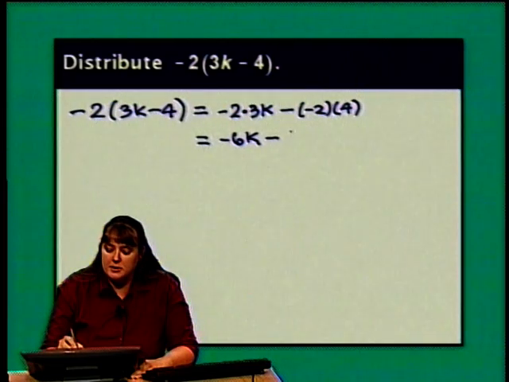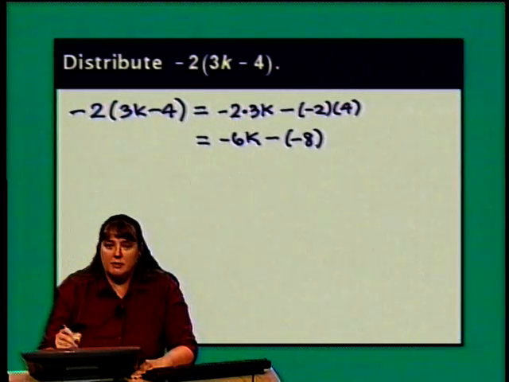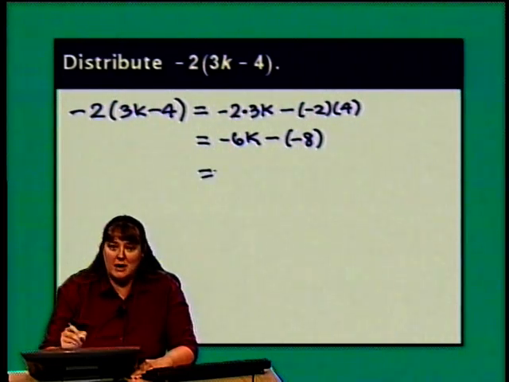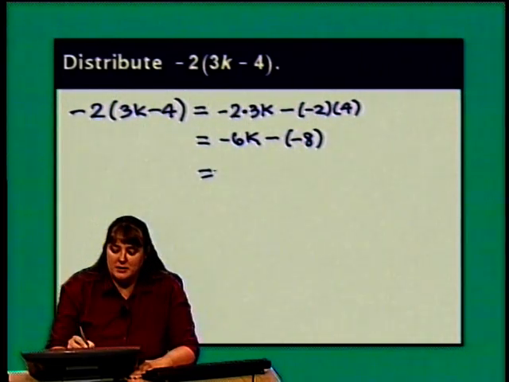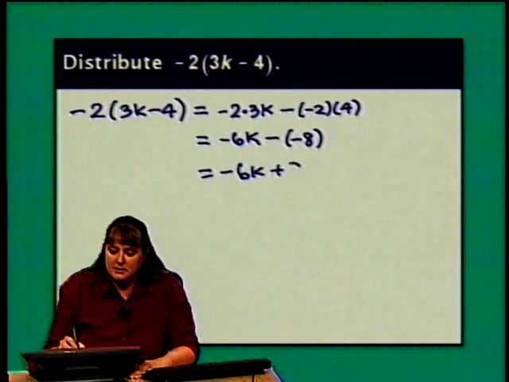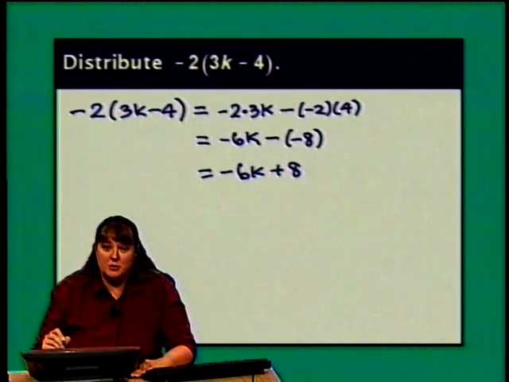Negative 2 times 4 is negative 8, so I'm subtracting negative 8. I can change this subtraction expression into an addition expression, negative 6k plus 8. Subtracting negative 8 is the same as adding the opposite of negative 8, and the opposite of negative 8 is positive 8.